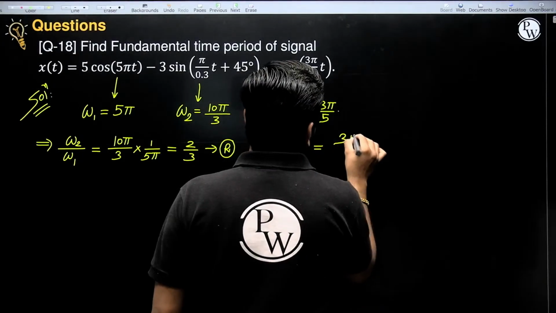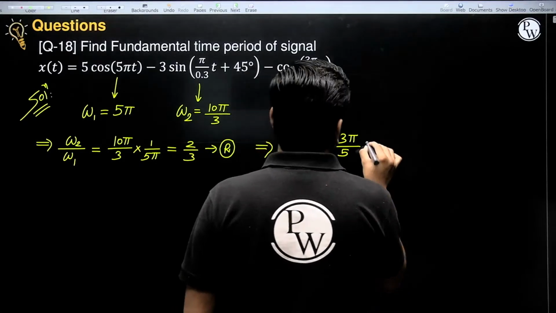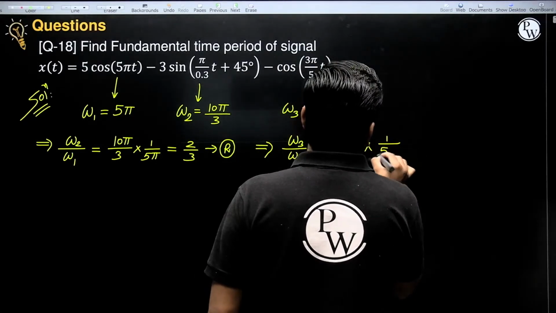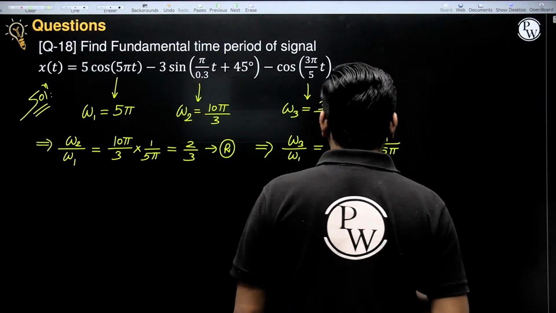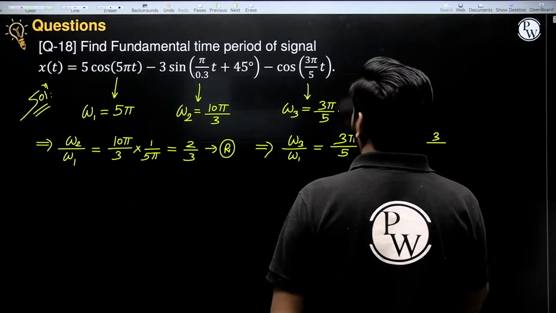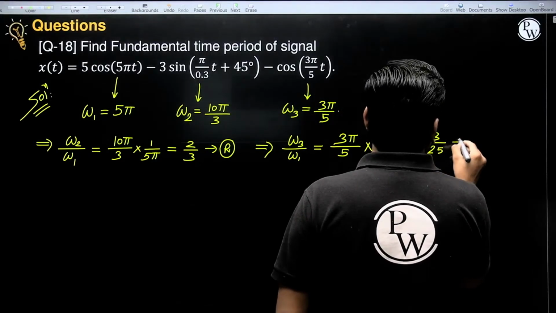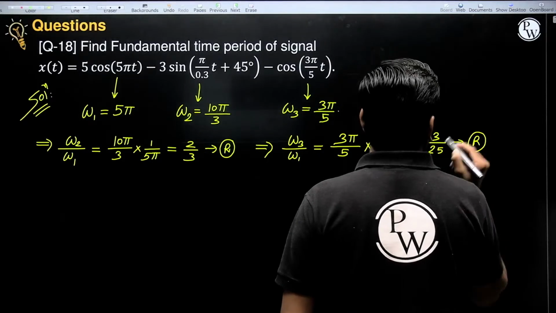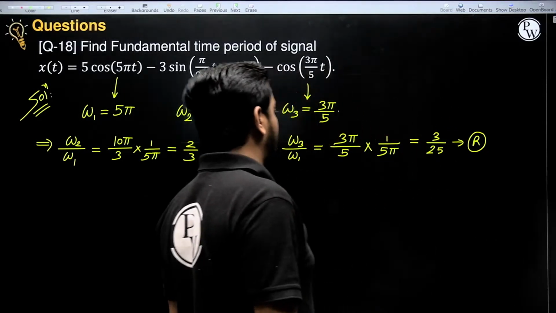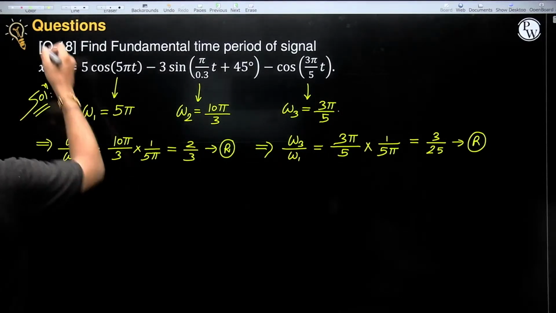Omega 3 is pi by 5, omega 1 is 5 pi. So it is equal to 3 by 25. Again you can see 3 by 25 is also a rational number. Both the ratios are rational numbers. Then x of t is said to be periodic.